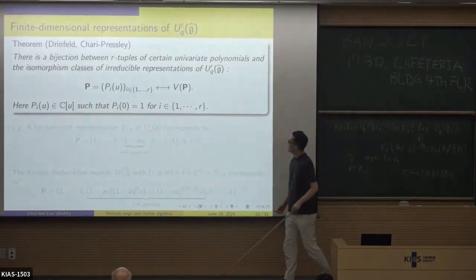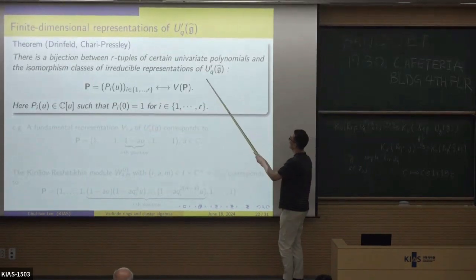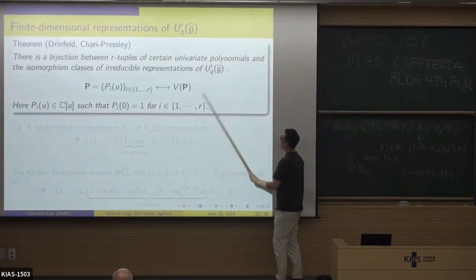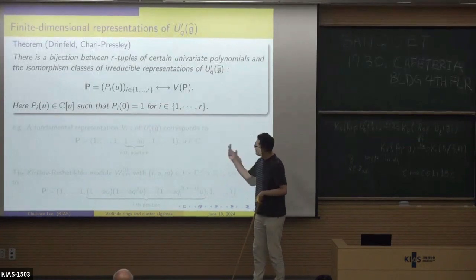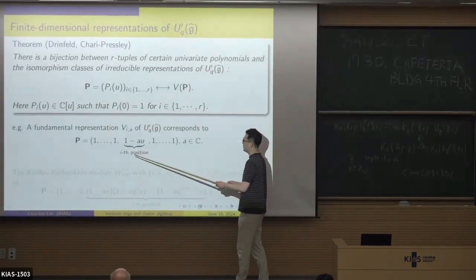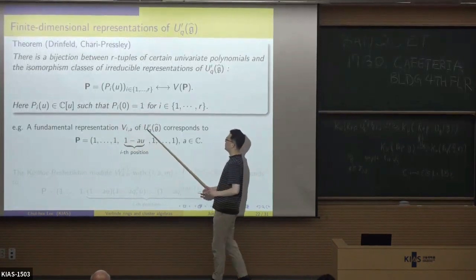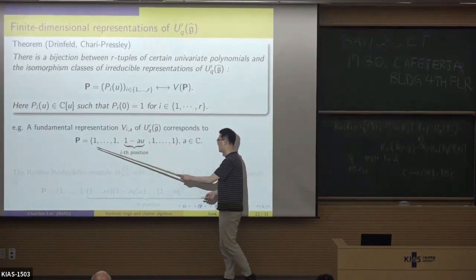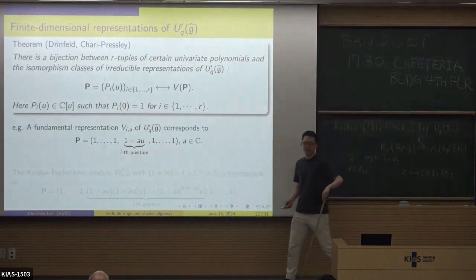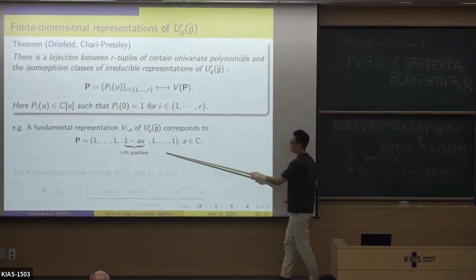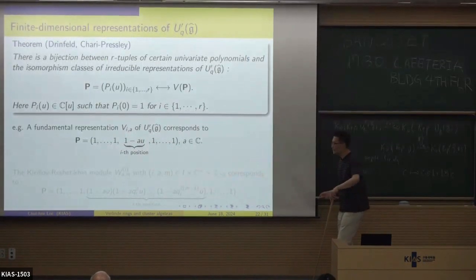For this classification, we need to consider the so-called loop presentation of quantum affine algebras, but we can just accept it. For each finite dimensional irreducible representation of U_q'(g hat), we can attach a tuple of polynomials. This tuple of polynomials plays the role of highest weights.